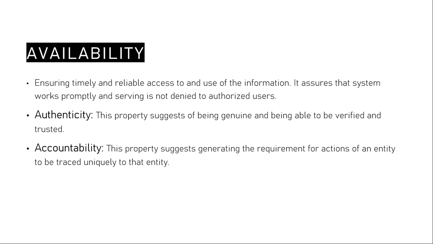This security property suggests being genuine and being able to be verified and trusted. For instance, confidence in the validity of a transmission, a message, or a message originator gives you understanding that the user is who they say they are, and that each input arriving at the system is coming from a trusted source.